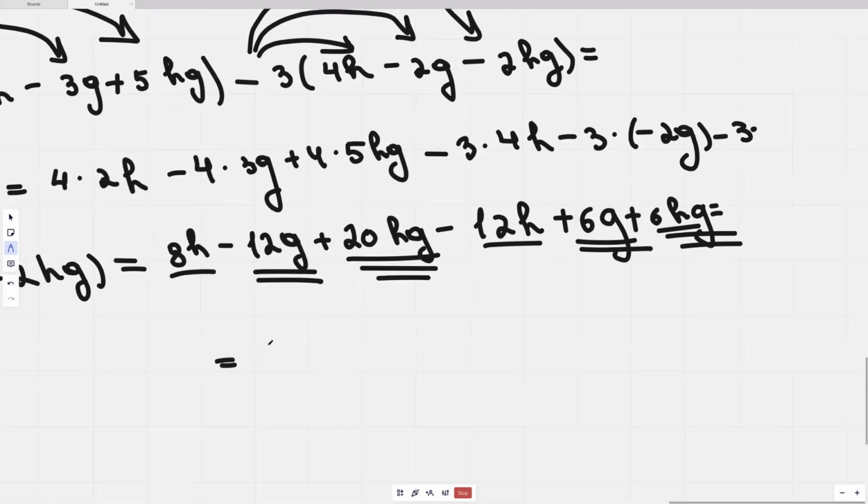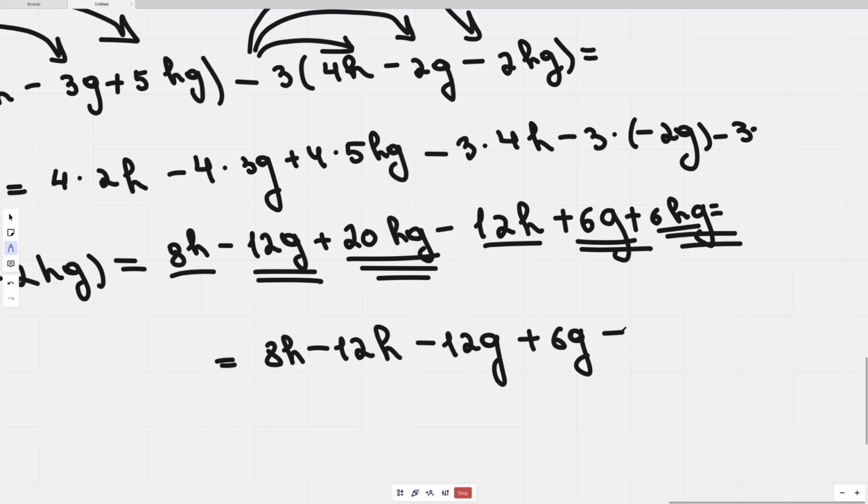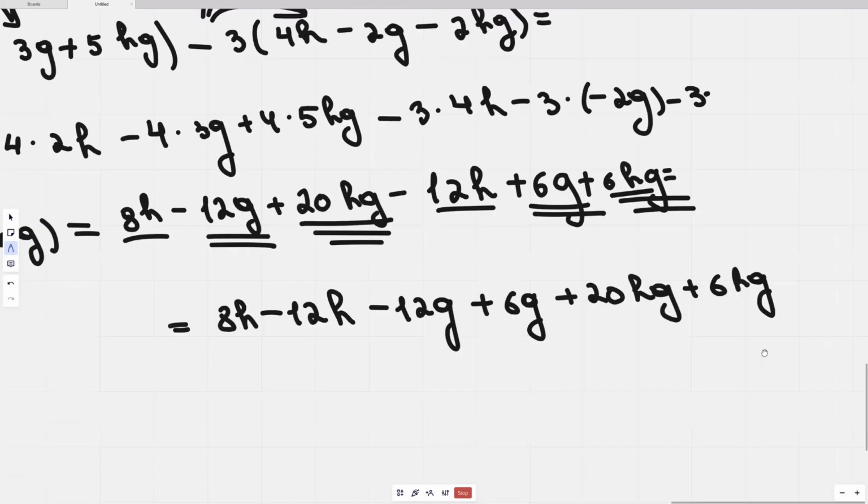So we have to write them next to each other. So 8h minus 12h, and then minus 12g plus 6g, and then plus 20hg plus 6hg. So that's it.